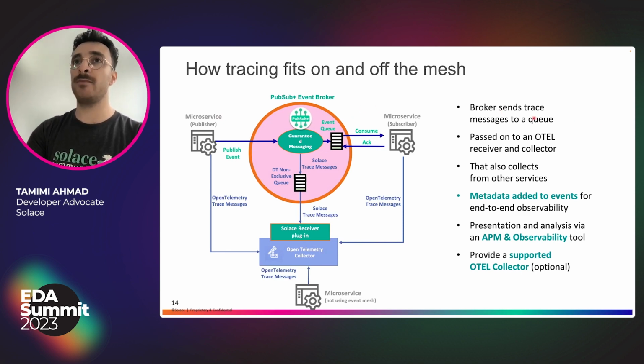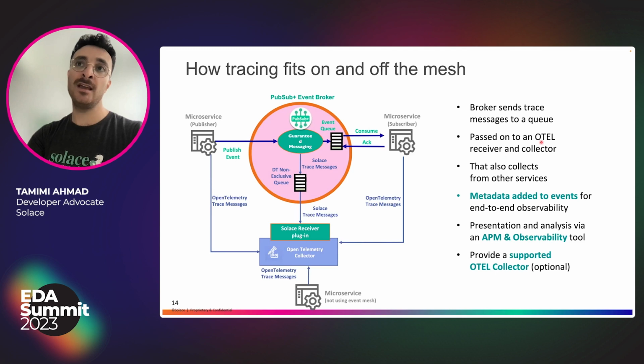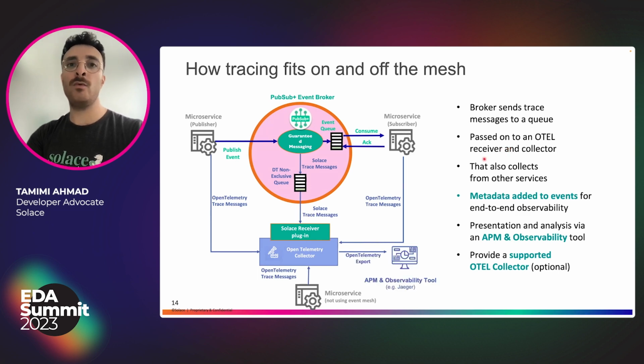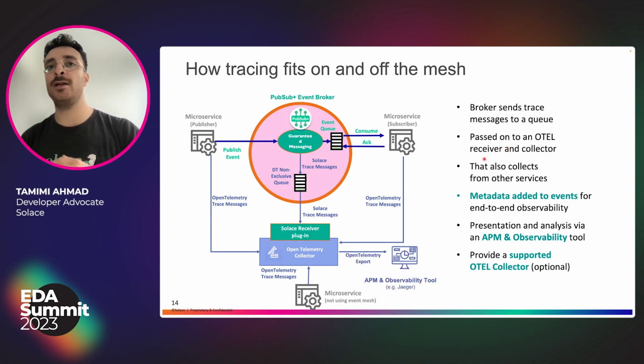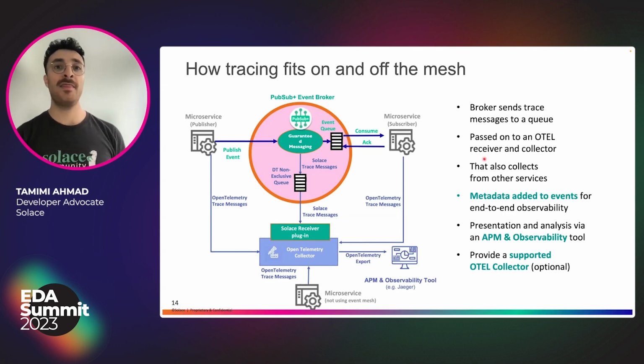So you can see here from the points that I have on the right-hand screen, the broker sends trace messages to a queue, and it passes to the OTel collector because we have a Solace receiver in there. And now when we want to add any other kind of observability backend that connects to the collector, the stitching of the spans gets intelligently connected within the observability tool.